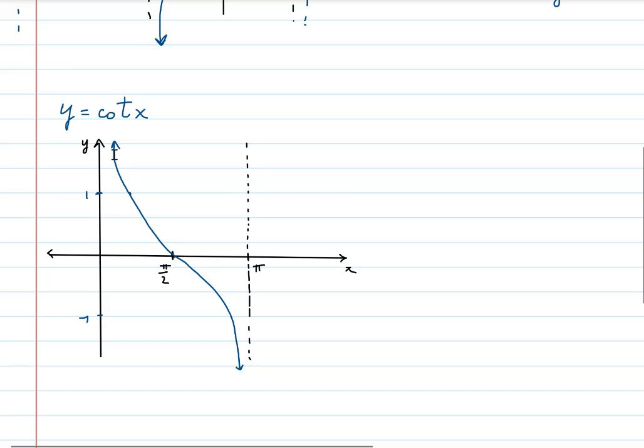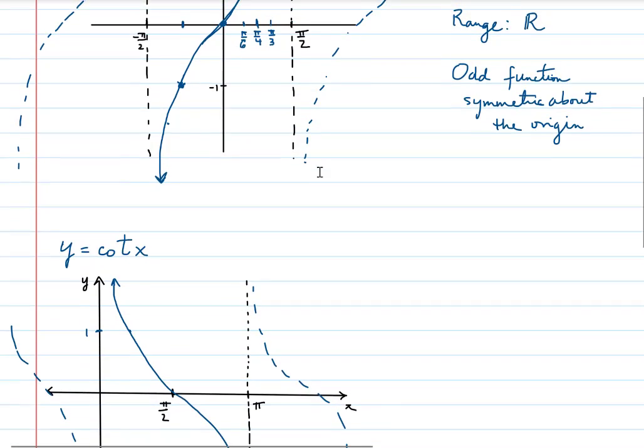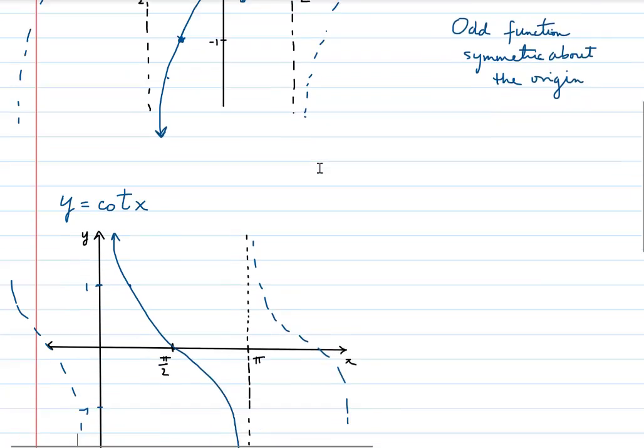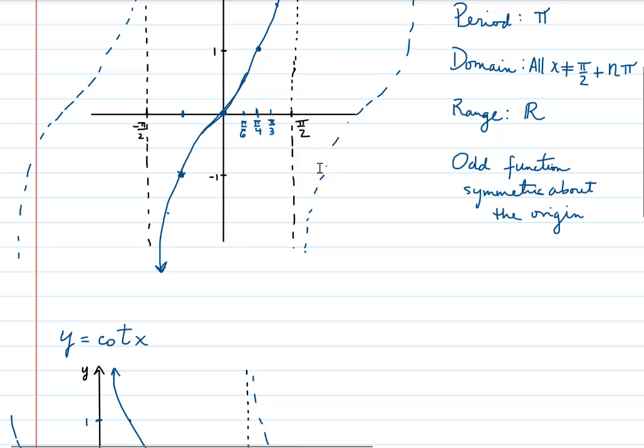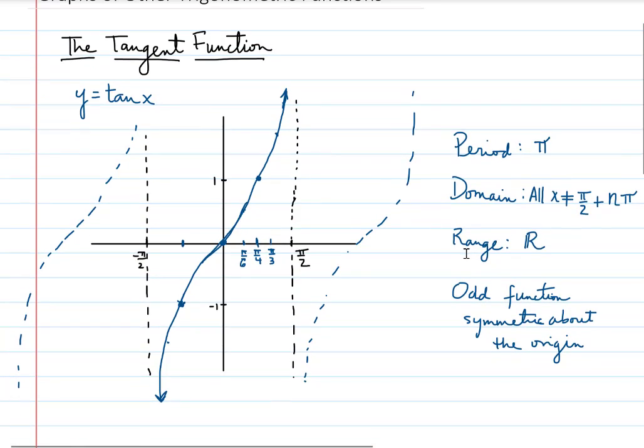But once you plot a few points, you're going to get this graph over and over again, and of course it keeps going to the right and to the left. The orientation is different too. It looks almost like a reflection of tangent x, and it's also being shifted by half. But other than that, it's going to have similar characteristics.